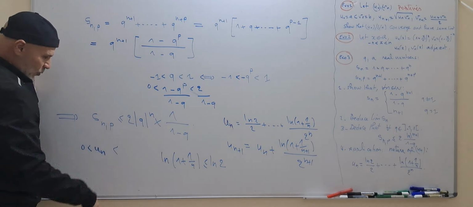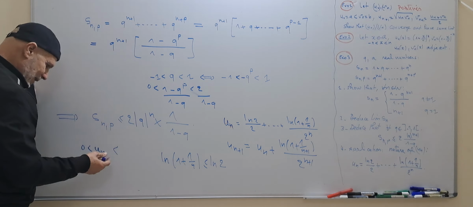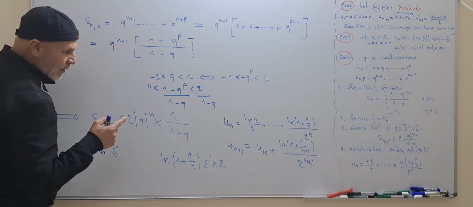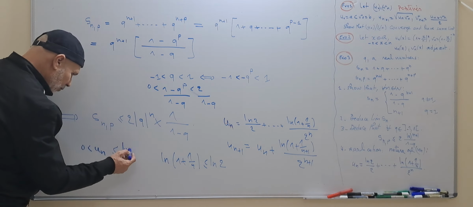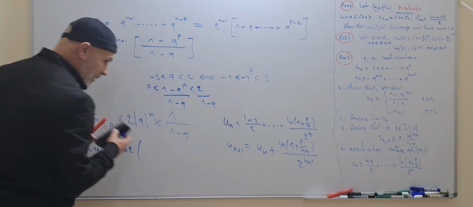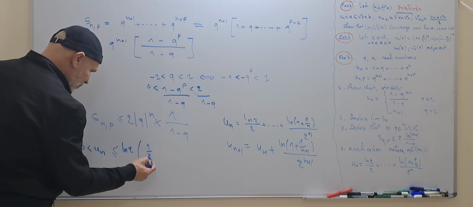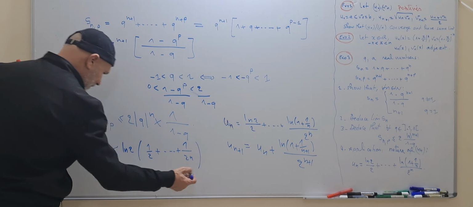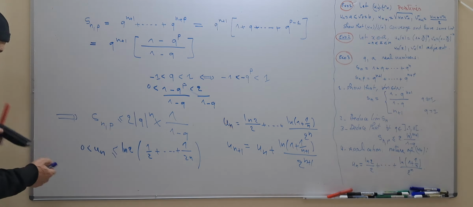The maximum is 2. So this is less than or equal to ln 2 times 1 over 2 plus 1 over 2 power n.